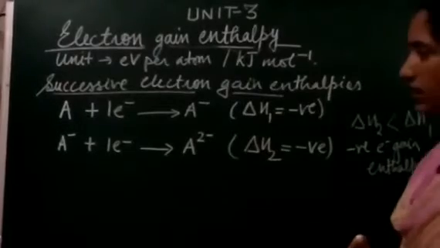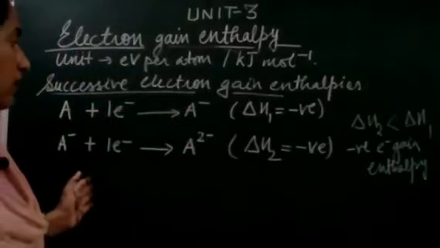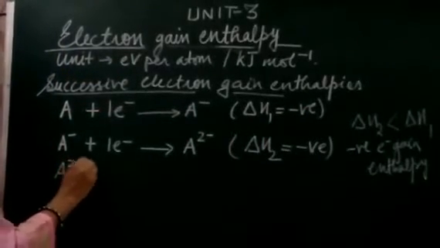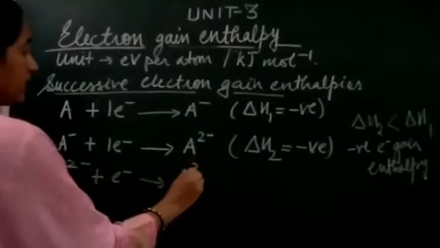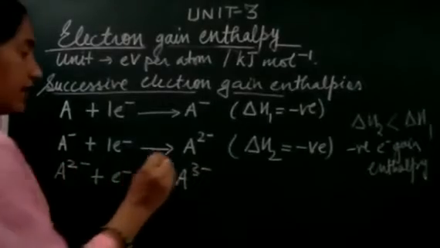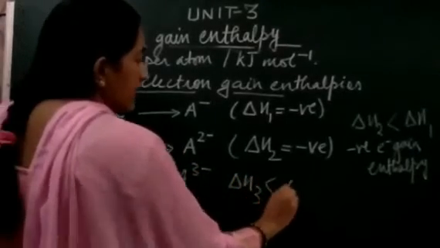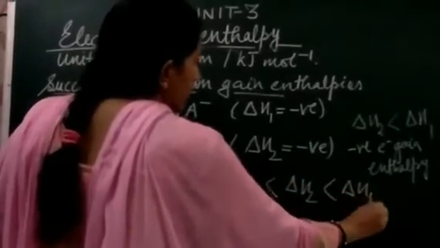Similarly, if we add one more electron, that is, if A2 negative gains one more electron and changes into A3 negative, definitely this time also delta H3 will be less than delta H2 and delta H1.